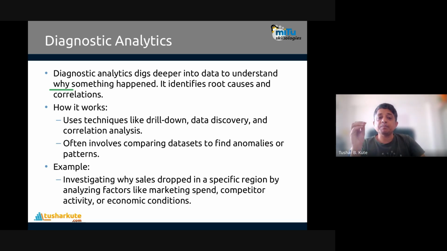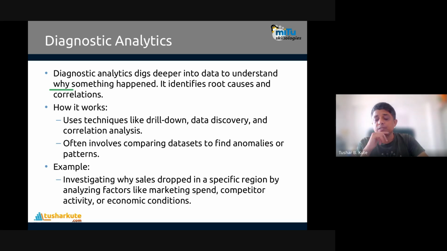Why something has happened is dug into with the help of diagnostic analytics. How it works: techniques like drill-down analytics, data discovery, correlation analysis. There are some correlation techniques. For example, the sea levels have been changing for the last several years.